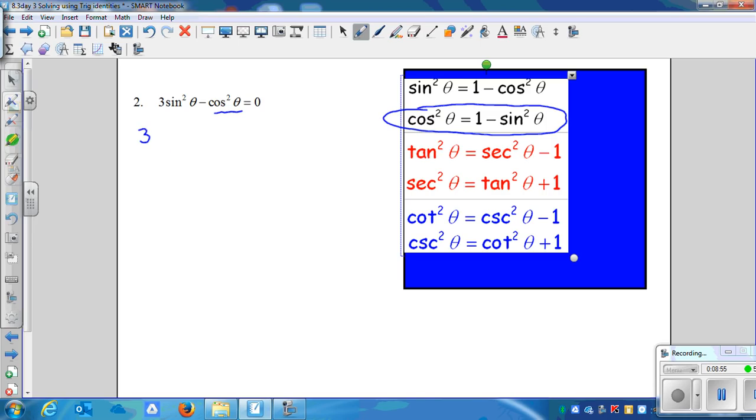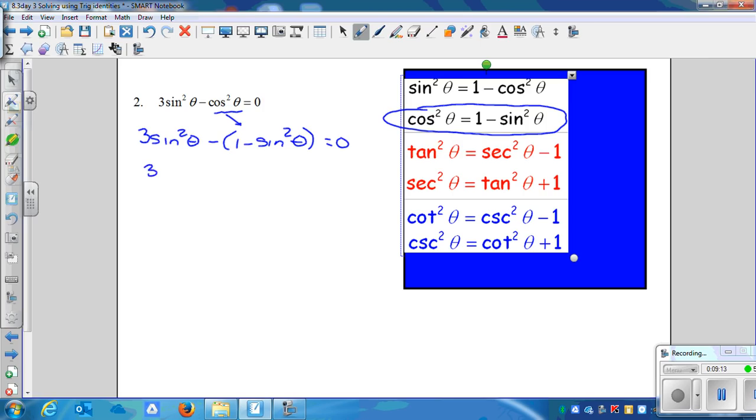So I'll have 3 sine squared theta minus parenthesis 1 minus sine squared theta equals 0. Keep in mind you're using substitution, so make sure that you use parentheses because in this case we're going to have to distribute this negative.